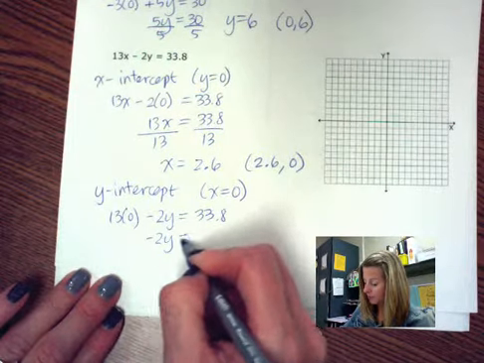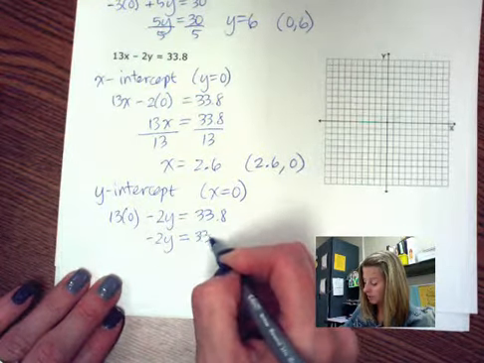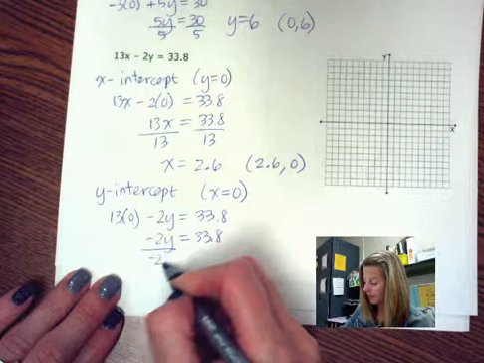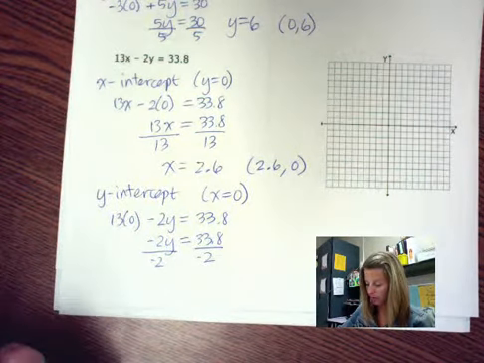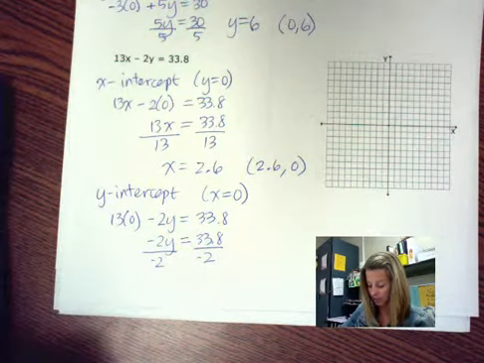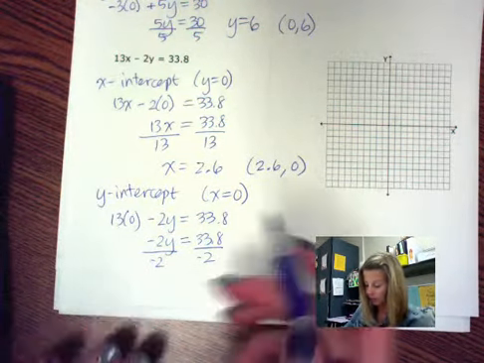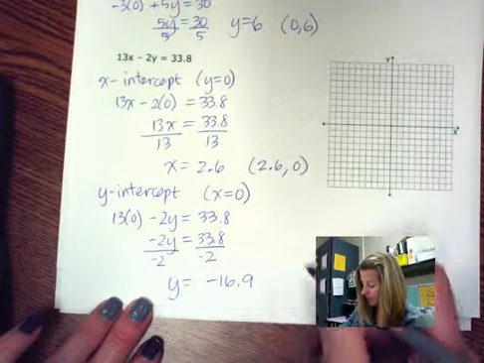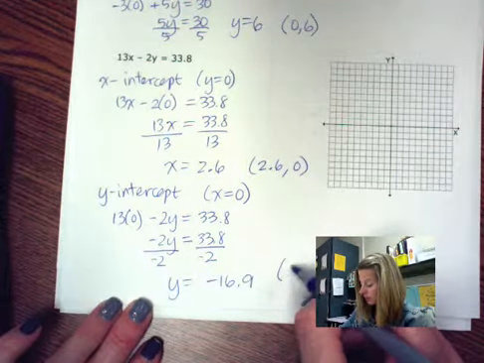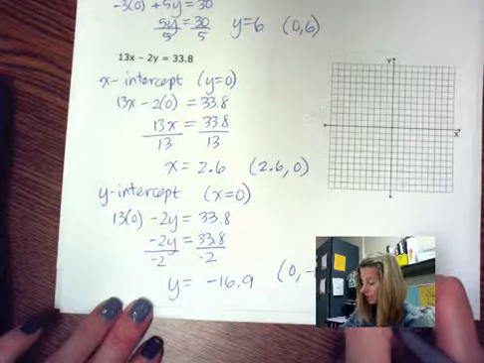So I'm left with negative 2y equals 33.8. Divide by negative 2. Divide by negative 2. And when you calculate 33.8 divided by negative 2, I get y equals negative 16.9. So my intercept would be 0, negative 16.9.